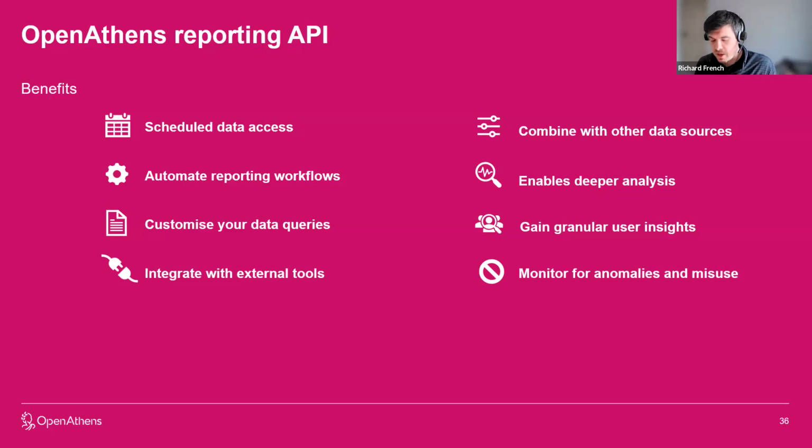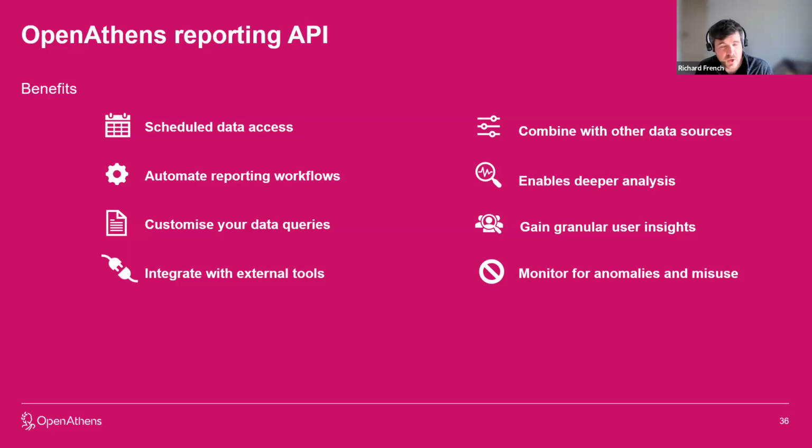Okay, thanks, Jenny. Before we wrap up and move to questions, let's recap the benefits of the OpenAthens Reporting API we've explored today. Through the demos and the case studies, you've seen those benefits in action: how scheduled data access and automation can save huge amounts of time.